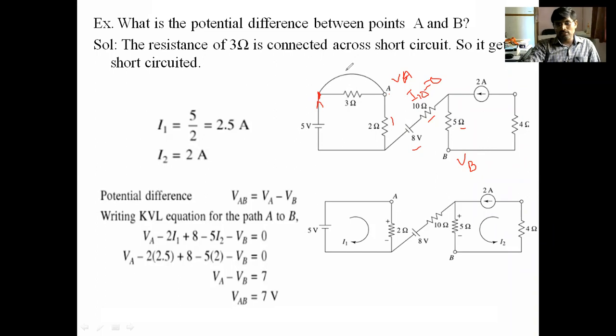As this is a short circuit, the resistance is equal to 0 here. So all the electrons flow through the short circuit rather than 3 ohms. Therefore, you can neglect this 3 ohms, which is short circuit. So the circuit is redrawn like this.